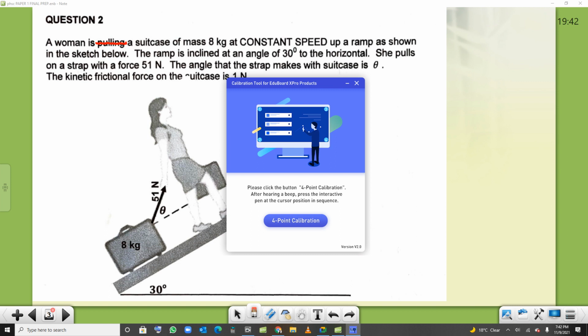When you see the word pull, the word push, it simply tells you that there is applied force. That's the first thing you need to do before you, some of you start from 2.1. You are killing yourself and wasting time. All right. We start from reading the question first. All right?